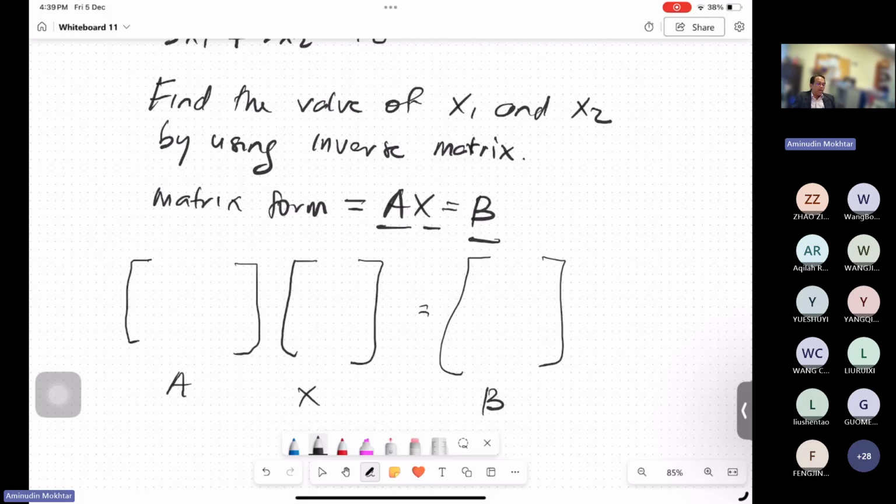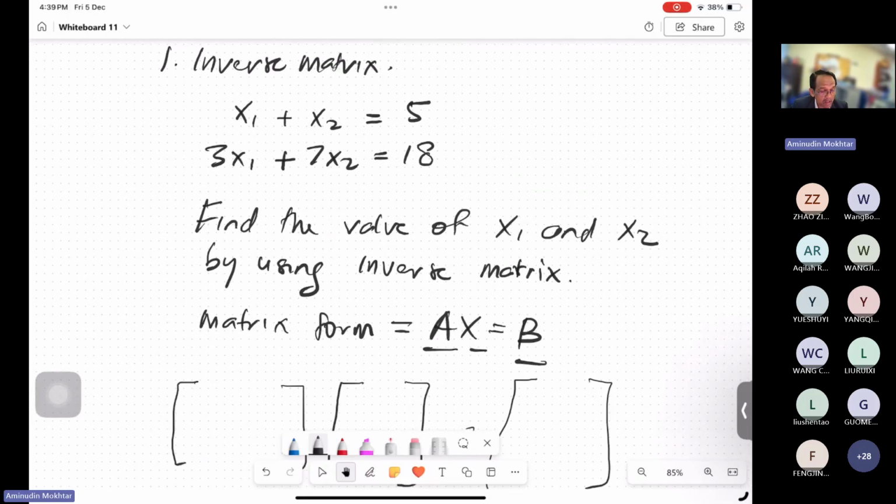For this case, the number of rows and columns of matrix A depends on how many equations and how many variables are in the system.